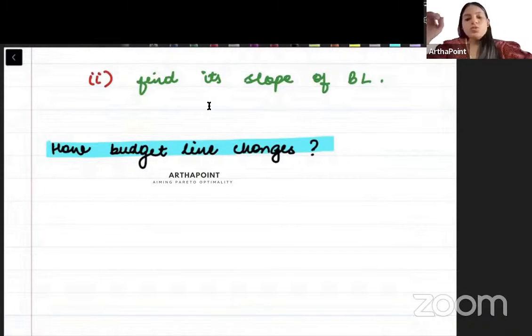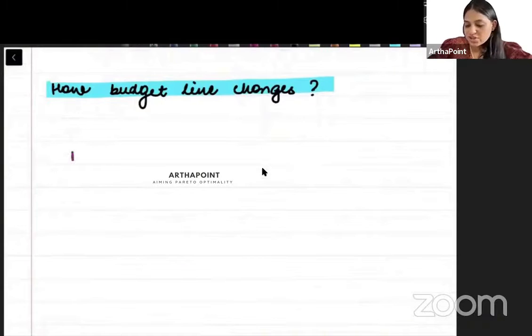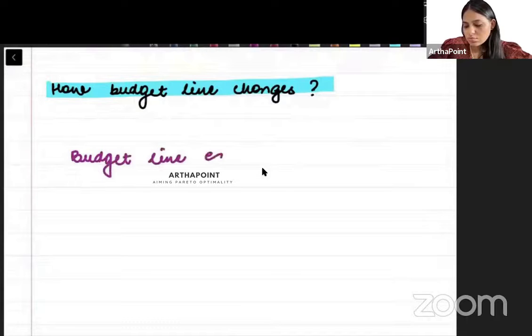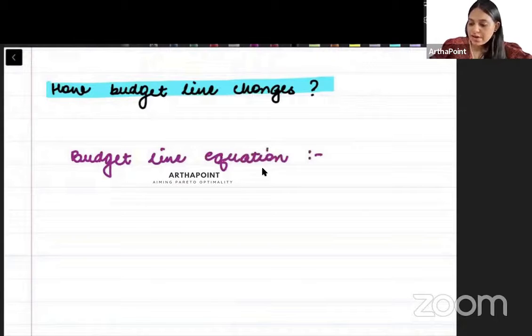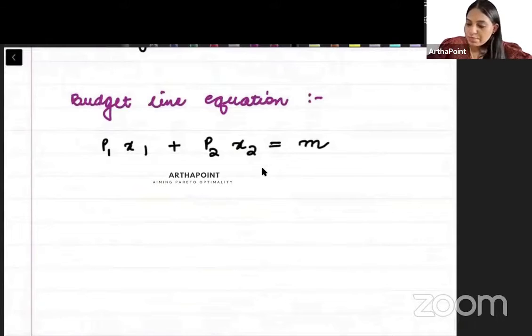ठीक है? In order to ask how budget line changes, let us first write down the equation of budget line. So, beta, what is budget line equation? It is P1 x1 plus P2 x2 is equal to income of consumer. देखो, budget line can change due to two reasons.